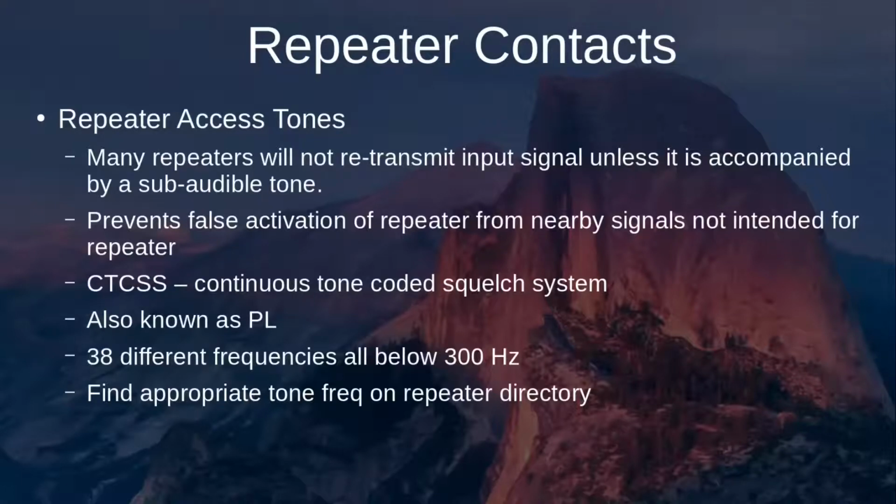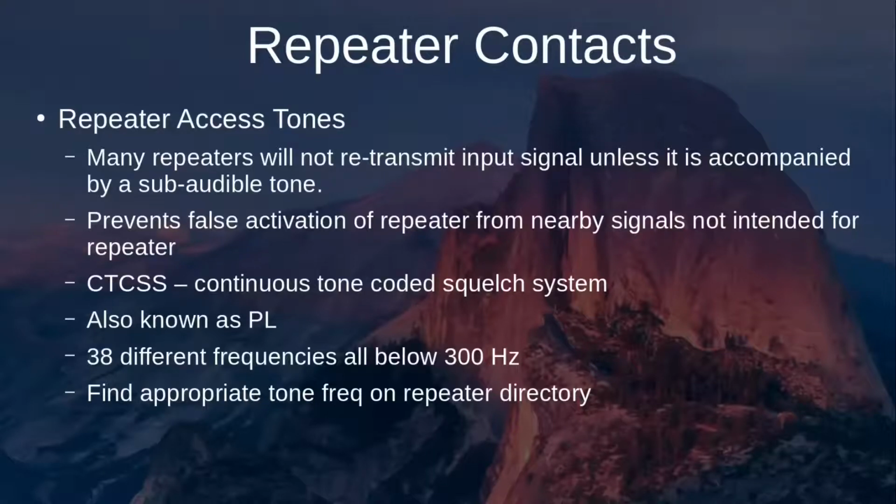And it will tell the repeater, hey, I'm trying to contact you and I'm trying to activate that specific repeater. Please allow me to transmit, and it will open the output frequency and retransmit your message. So it essentially prevents false activation of a repeater from nearby signals not intended for that specific repeater.